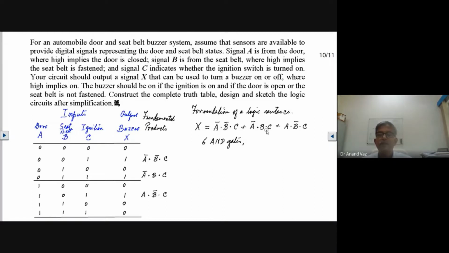We require 2 OR gates. And how many NOT gates? 1, 2, 3, 4. So we require 4 NOT gates.